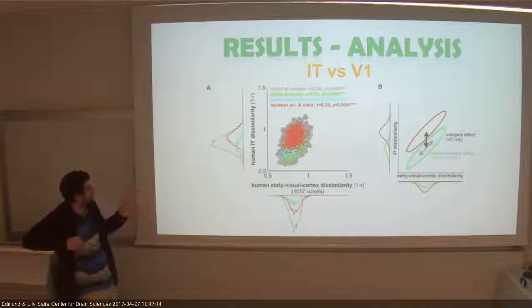I mean, there is some correlation, but it's much less, which suggests that the IT is doing something more than just the simple features. We can see it better in this graph here, which shows that if you look at the residual distributions over here, for the V1, the inanimate and animate and between them are no different at all. They are both coming from pretty much the same distribution.